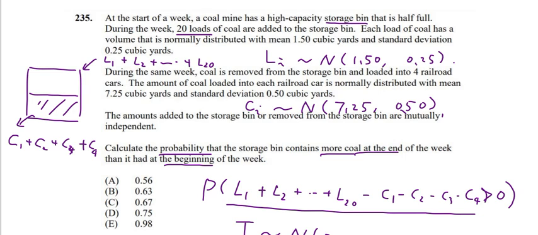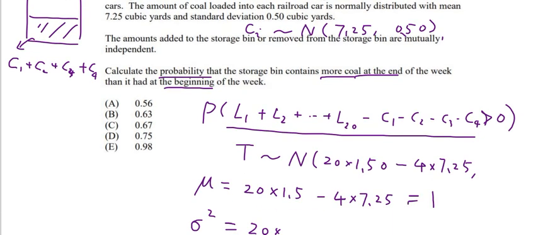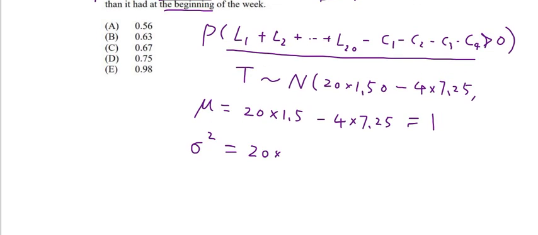So here the standard deviation is 2.5, and we cannot add standard deviations, we use variances and add them up, right? 2.5 squared.